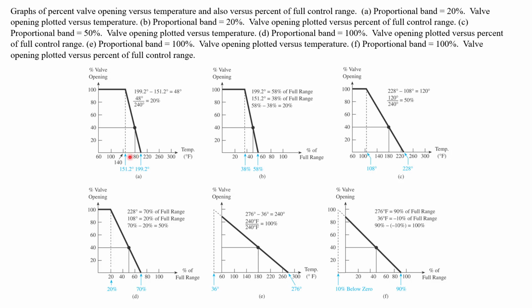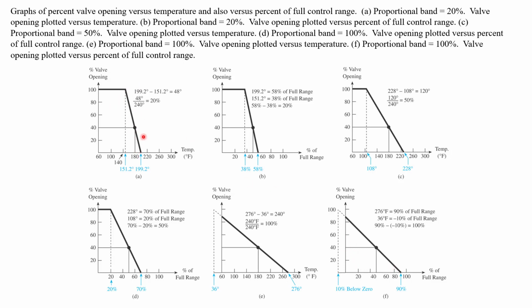Here, a very small change occurring in the air causes a big change in correction. Here, it's about 50-50. A moderate change in temperature in your air, and you get a moderate corresponding correction. So this is going to be a little slower to act. This is going to be much quicker. This is going to be tighter control than this.